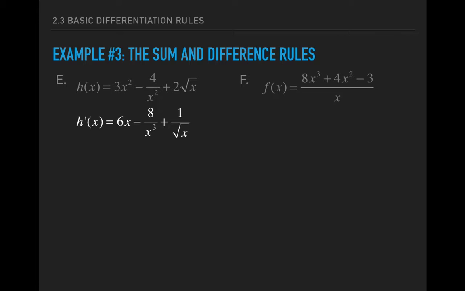Oh, you know what? That should be a positive because it's times a negative 2. So that should be 6x plus 8 over x to the 3rd because we increase that power. Or you could think of it as decreasing negatively.